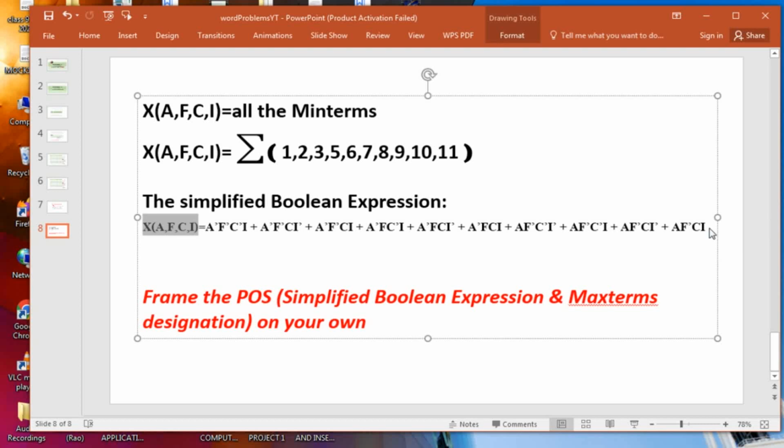I showed you the min terms, okay, the first min term plus the second, where you had 1 in the row in the output column. You have to take all the min terms of that particular row, right? Now for POS, you frame the simplified Boolean expression and max terms designation.